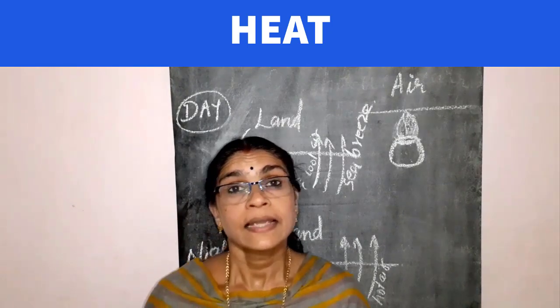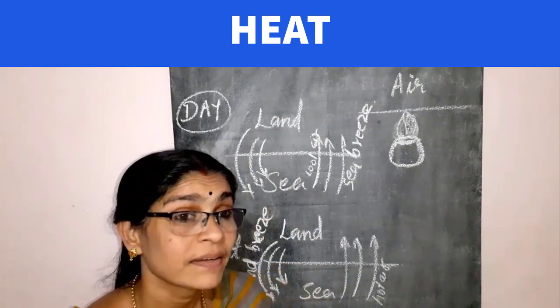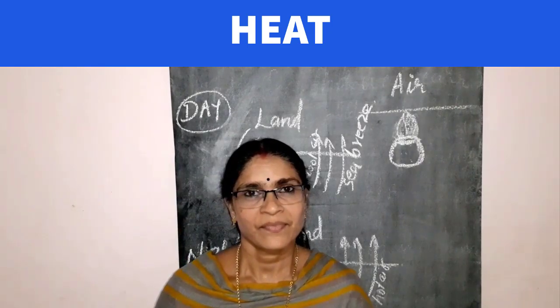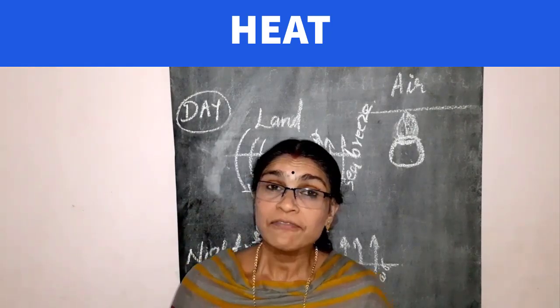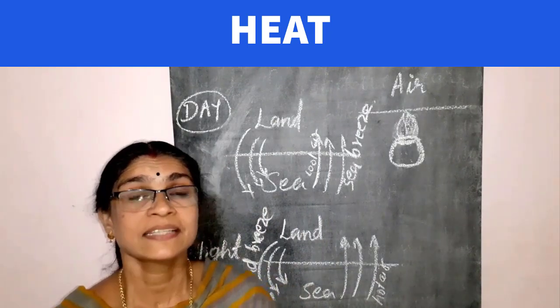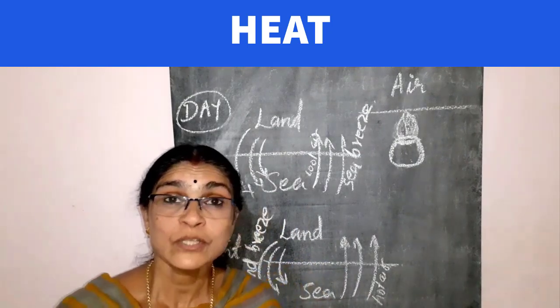Whereas in winter, we prefer dark colored clothes. Why? This is because the white or light colored clothes or surfaces can transmit and reflect most of the heat that falls on them.